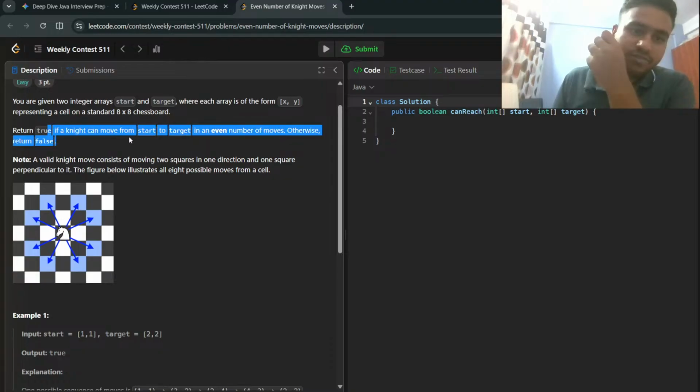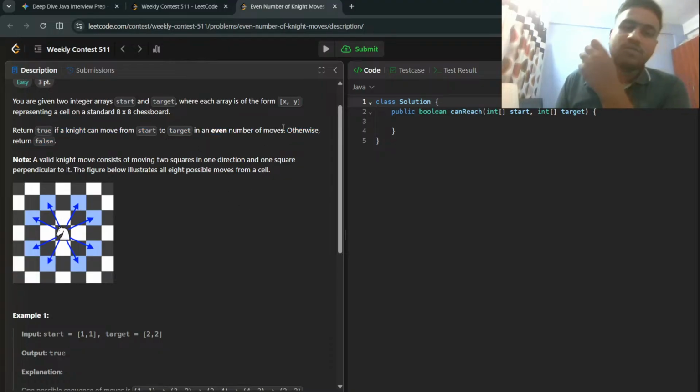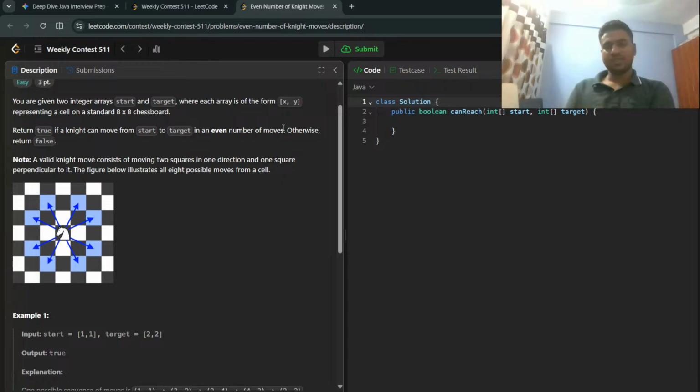Return true if the knight can move from start to target in an even number of moves, and otherwise return false. A valid knight move consists of moving two squares in one direction and one square perpendicular to it. The figure below illustrates all the possible moves.